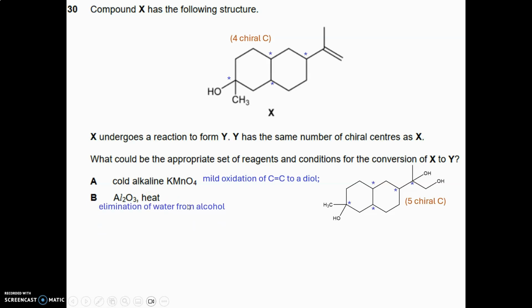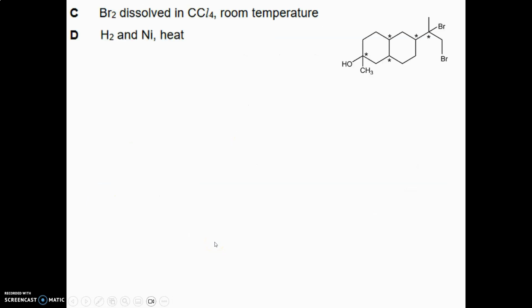This reaction would be elimination of water from the alcohol, and it forms 2 products as a mixture of isomers, but both of these isomers will only have 3 chiral centers. So B is also not the answer. C, we have Br2 dissolved in CCl4 at room temperature. So this is electrophilic addition of bromine to the C=C double bonds. The product has 5 chiral centers.